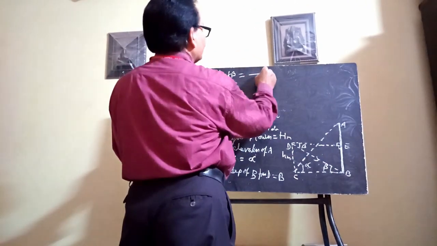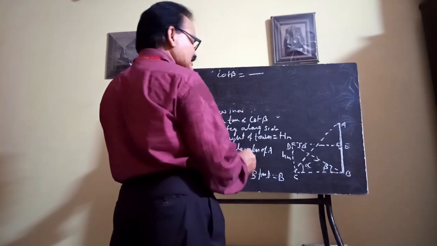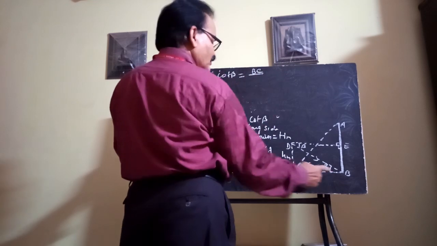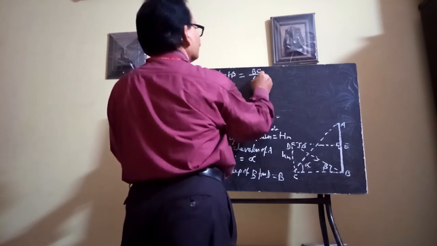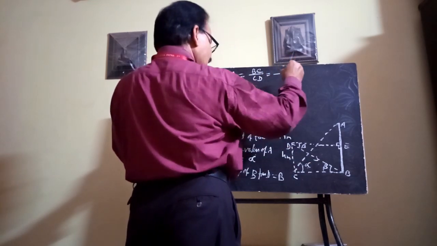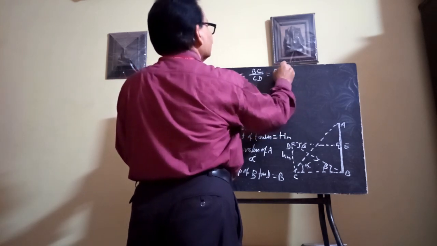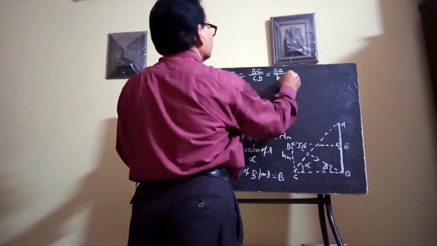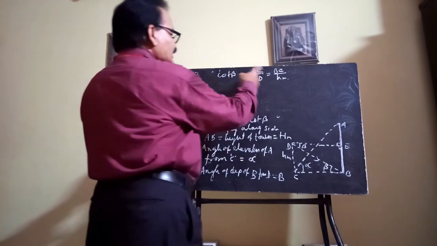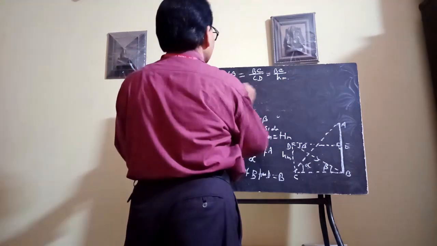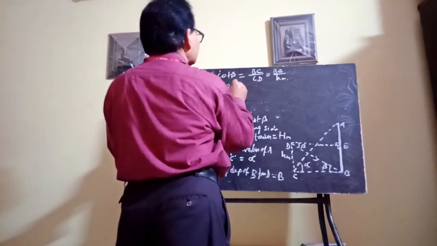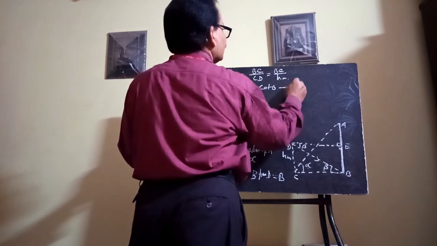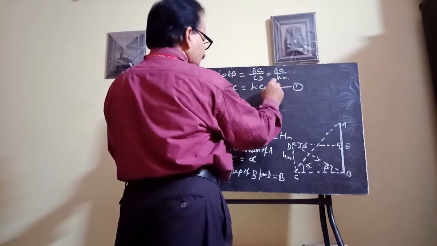Then cot beta will be equal to base by perpendicular, that is BC by CD. CD is h meter, small h. So from this data, BC must be equal to h cot beta. Say this is your equation 1.